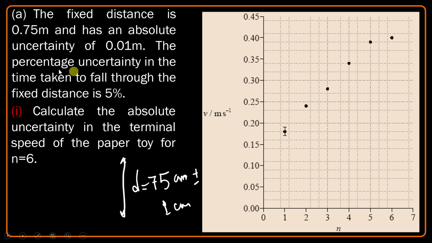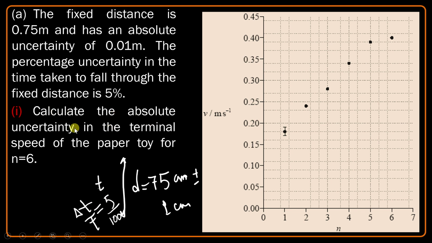Okay, the percentage uncertainty in the time taken to fall through the fixed distance is 5%. So if it takes a time like t, the delta t over t is gonna be 5%. It's very important. We don't have absolute uncertainty for time, and we don't have time even. We have just delta t over t, 5%.